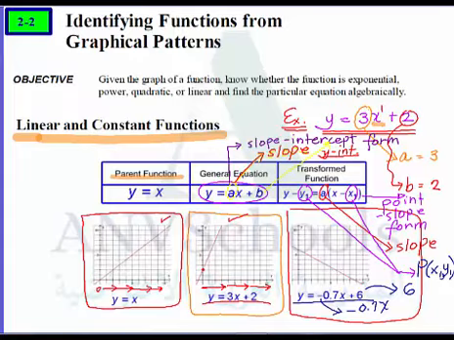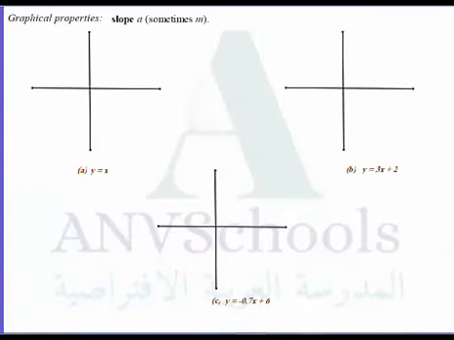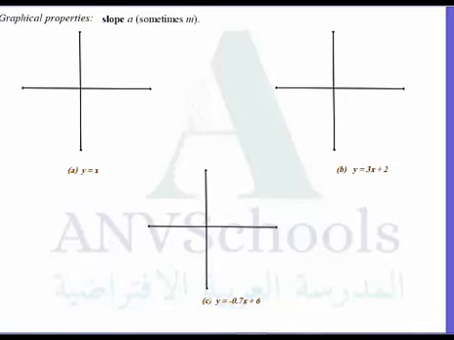Now let us go to graphing those functions realistically in terms of graphical patterns. So first we begin with y is equal to x. Okay, let's begin with y is equal to x.